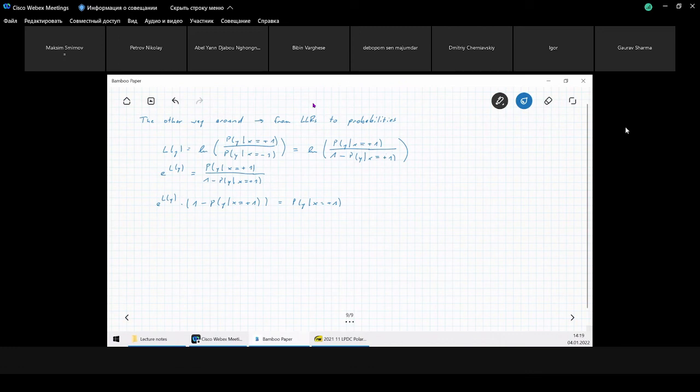So it's e to the power of L of y minus e to the power of L of y times this probability as this probability, bringing the probabilities together.